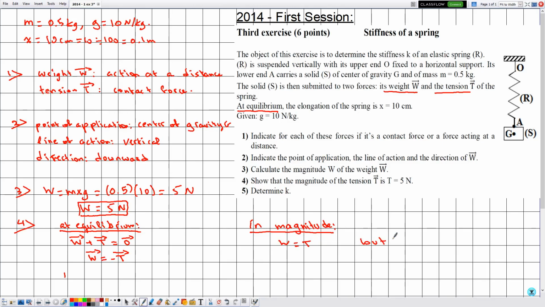Knowing that the weight is 5 newtons, the tension T is equal to 5 newtons as well. So this is it for part 4.